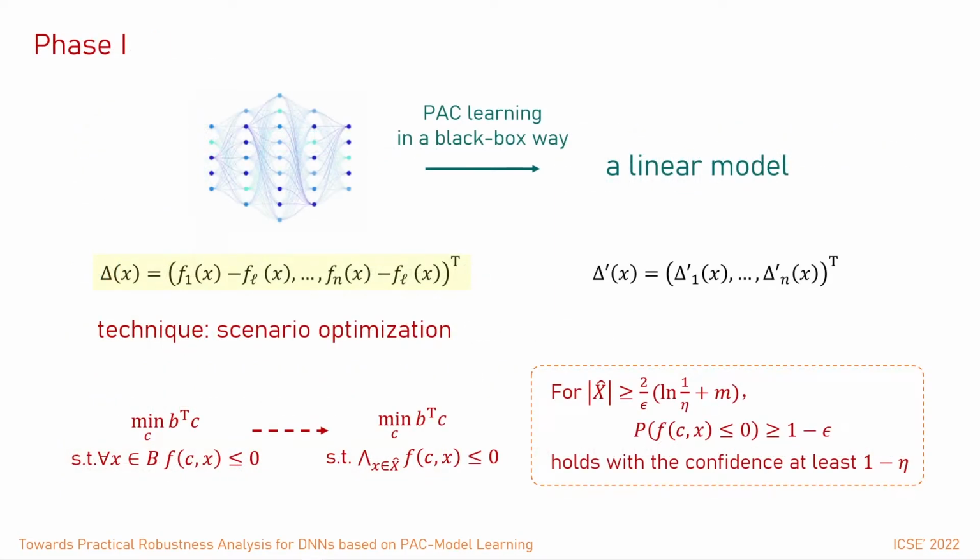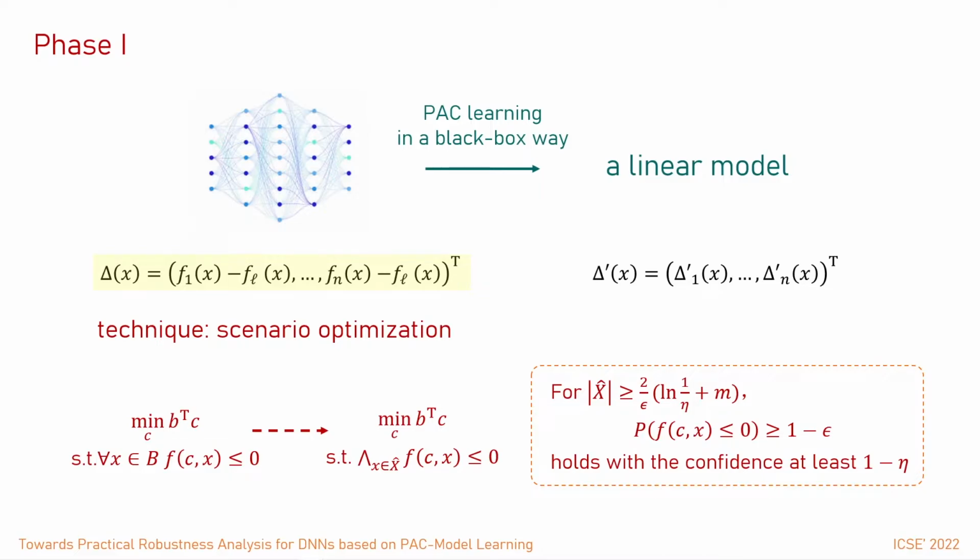There are two phases in the workflow of our framework. First, we implement scenario optimization to learn a linear model with a PAC guarantee. Scenario optimization is a method to solve the robust optimization problem, which has infinite constraints. It samples the constraints and only considers the finite subset of the constraints.